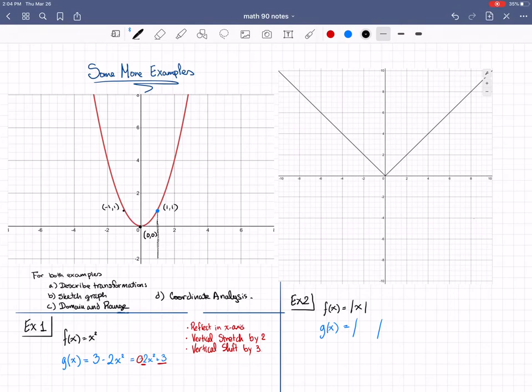But since your y-coordinate is 0, it stays 0. So neither one of the first 2 transformations has an impact on the origin. But then we're going to shift up by 3. So the new point is this one here, and that's 0, 3.